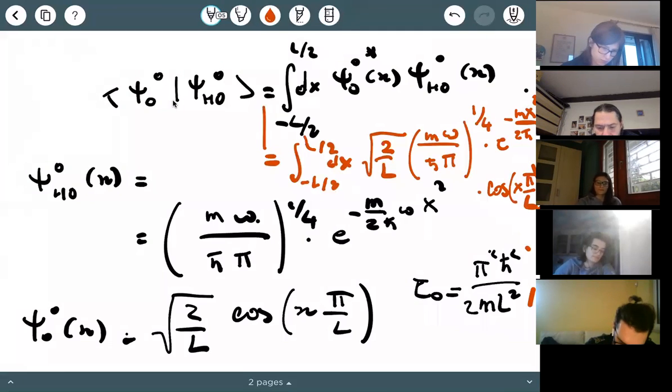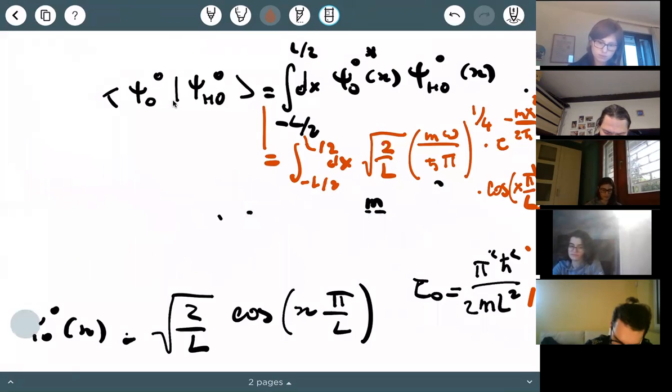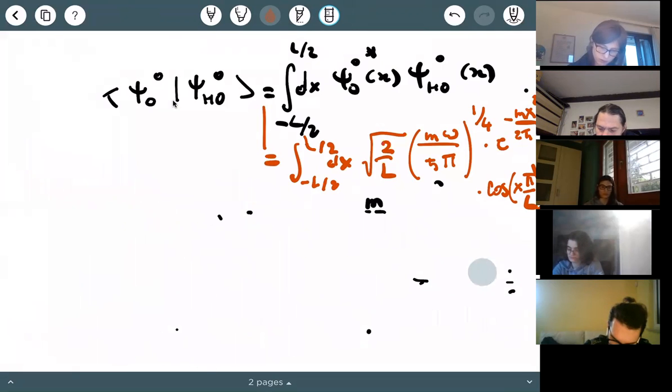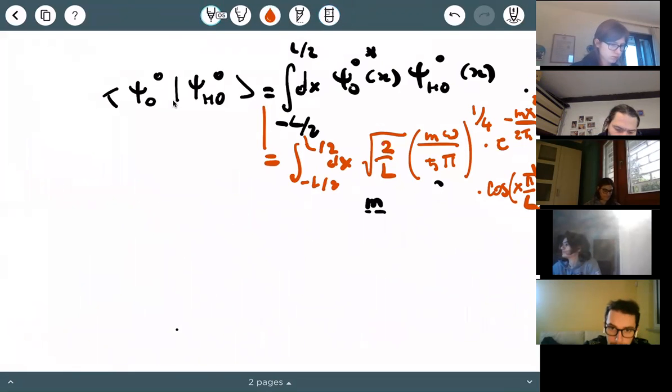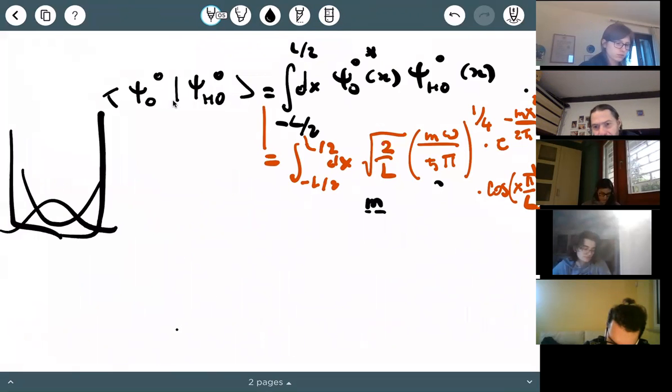Now it looks very complicated. It probably is very complicated, but we can make it a little bit easier if you want. Remember, we are assuming that the wave function of the harmonic oscillator decayed sufficiently fast not to experience the wall, remember?